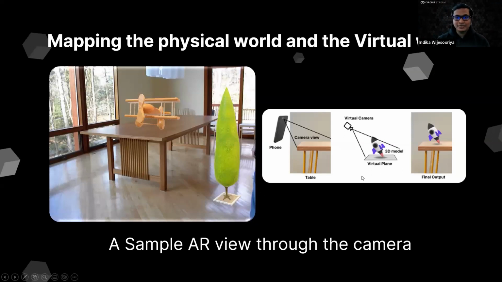And what the AR SDK, it could be 8Vol, or Lightship, or AR Foundation, or whatever it is, does is it has this virtual camera, which captures the 3D model and the camera view and aligns them with each other, right?